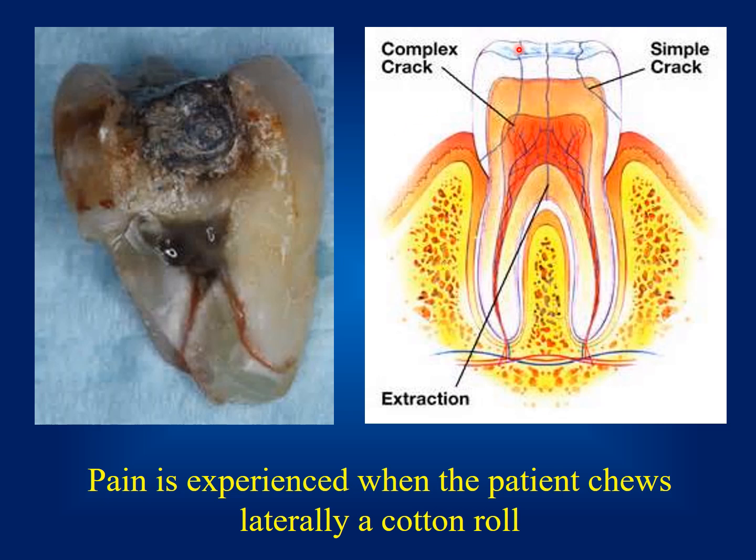If my crack or fracture is in the crown, let's say in the enamel, so it's a simple crack. We can do a filling. If it reaches to the dentine, still the treatment is a filling.